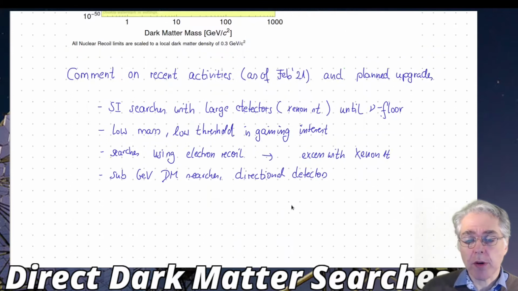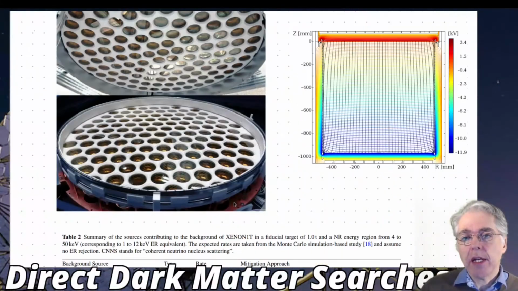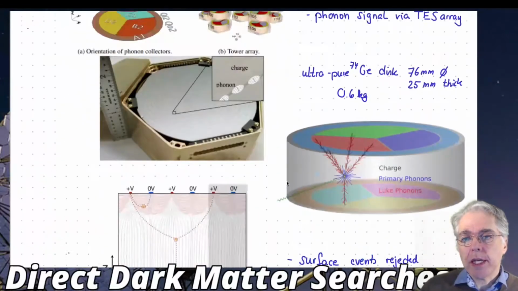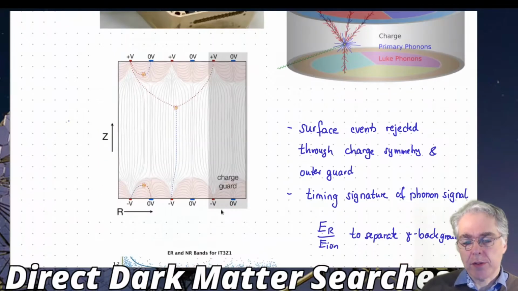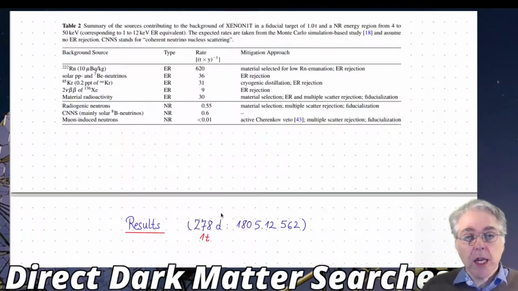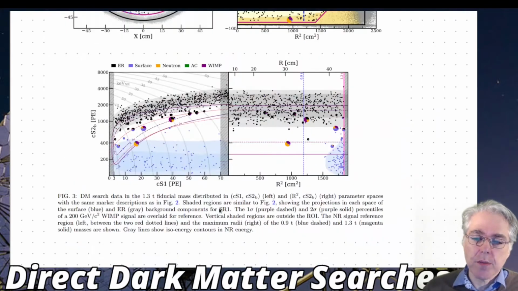And this is being explored right now to reduce the threshold. And the best way to reduce the threshold is to move away from the xenon type detectors and go towards detectors which have a lower intrinsic threshold, like for example germanium or silicon detectors. So there you can push down the threshold, and the record I think is right now at 20 electron volts or 30 electron volts threshold.